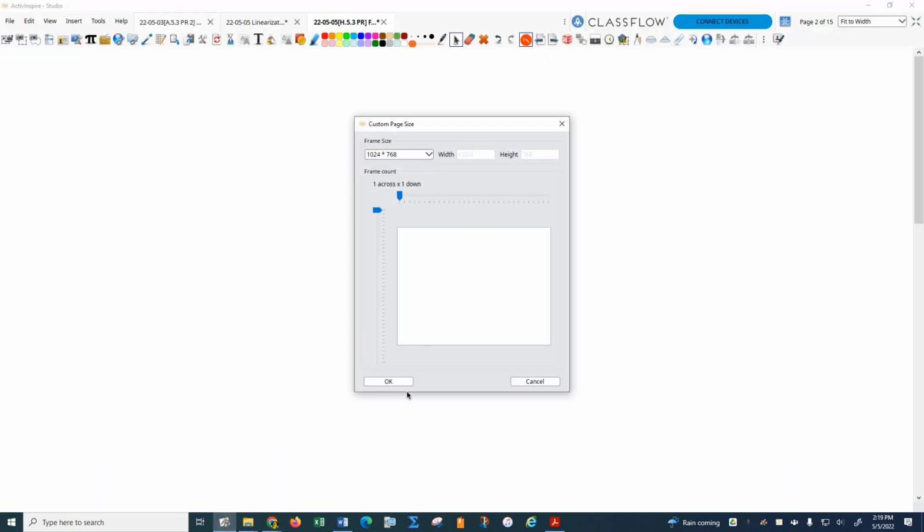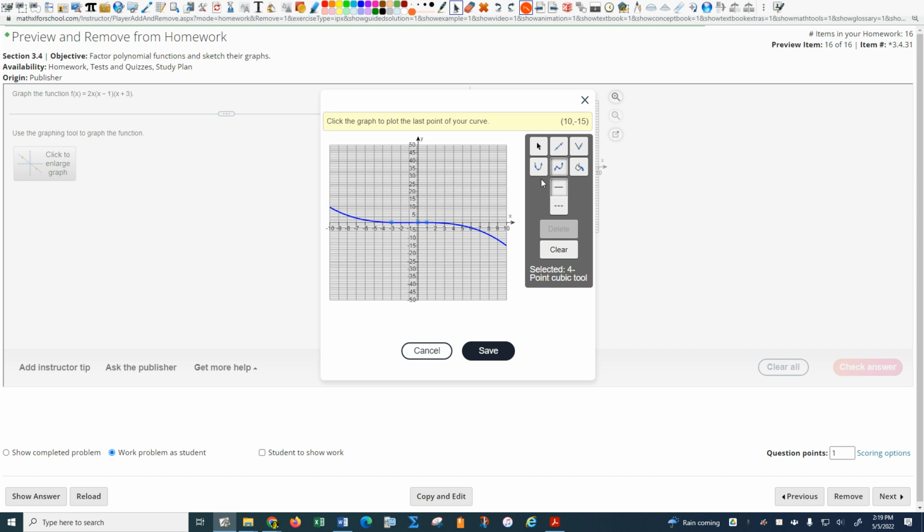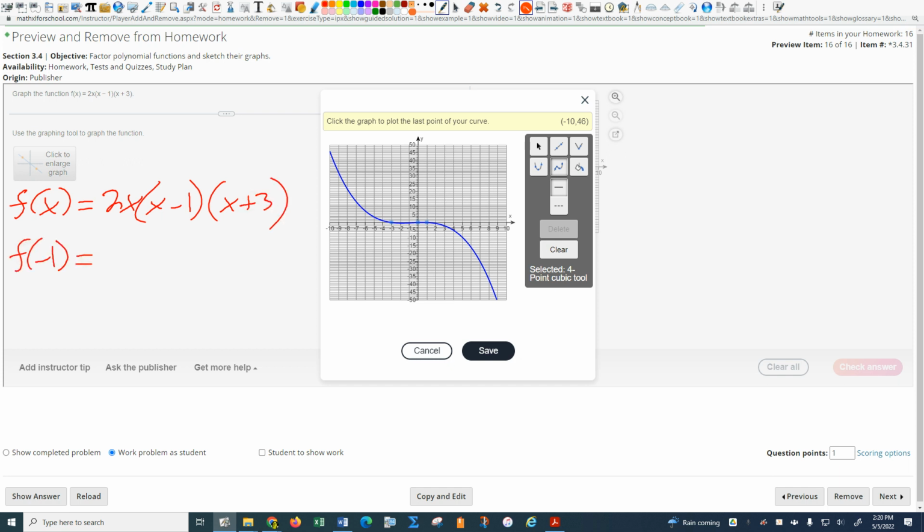All right, I want to do this so I can draw on stuff. There we go. Okay, so let's evaluate this function. Again, our function is, I'll make this a little bigger so you can see it, f of x equals 2x times x minus 1 times x plus 3. So if we do f of -1, what's my first factor going to be?